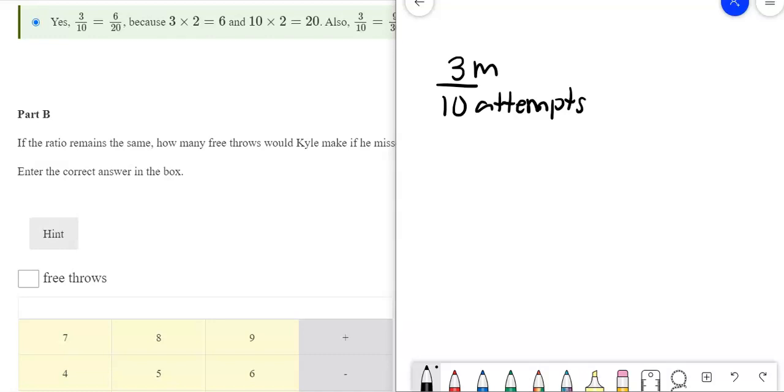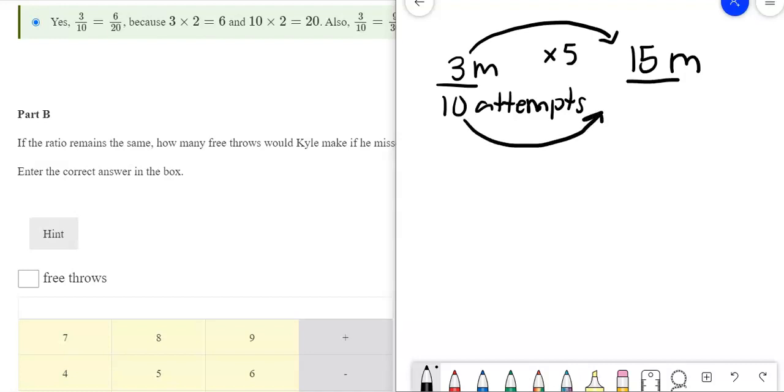And we want to get if he had 15 misses. So to make the 3 into 15, we multiply by 5, and then 10 times 5, because we multiply by 5 up here, we have to multiply by 5 in there, is 50 attempts.